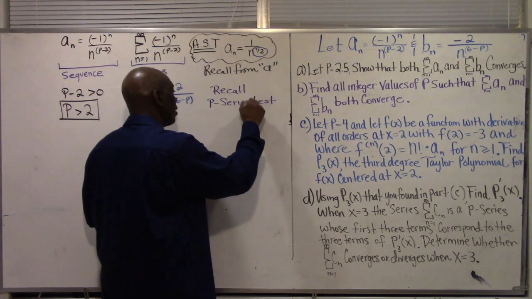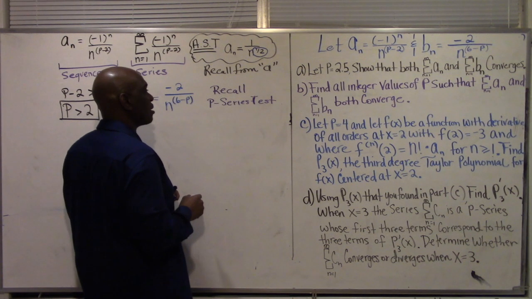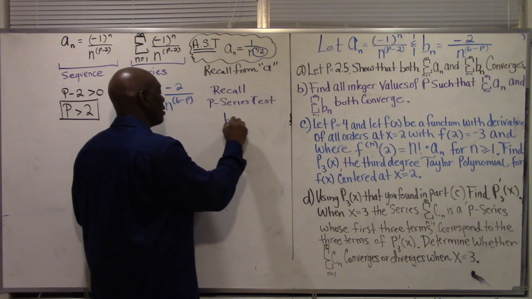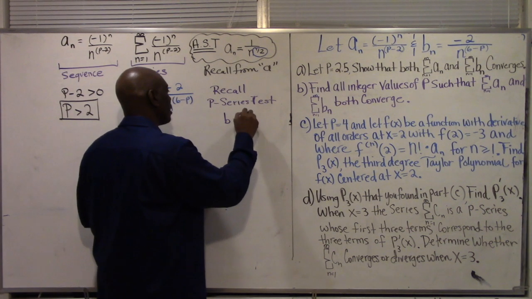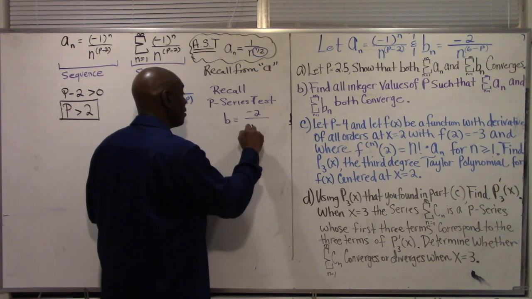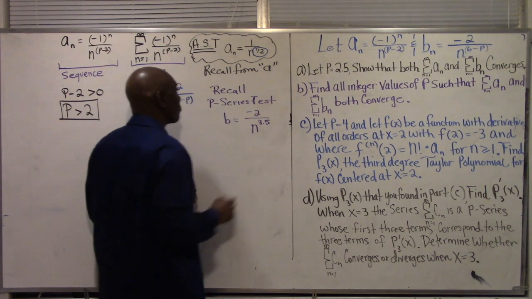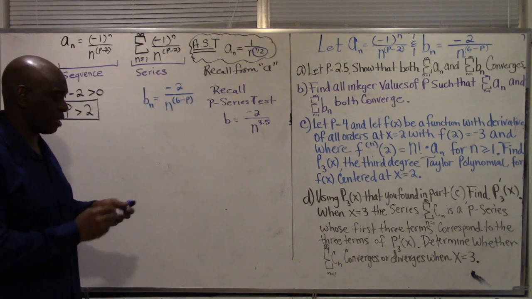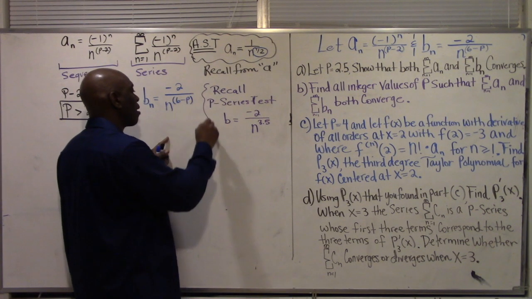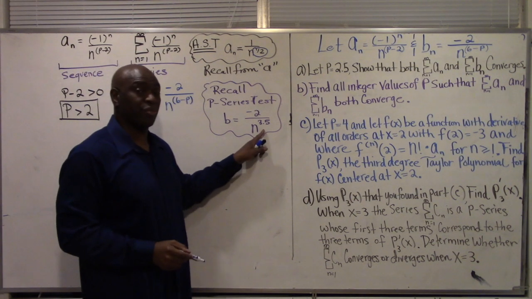Yep, we used the P-series test, and we said that our Bn I believe was like -2 over n to the 3.5. Now, recall that. And why did this converge?